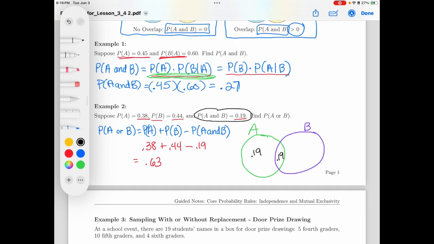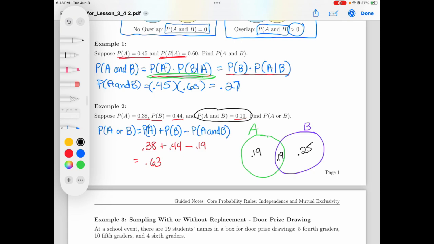So I don't want to add in 0.44 because that would give me 0.44 plus the 0.19. I want the total to be 0.44. So that means that I can only add in 0.25.